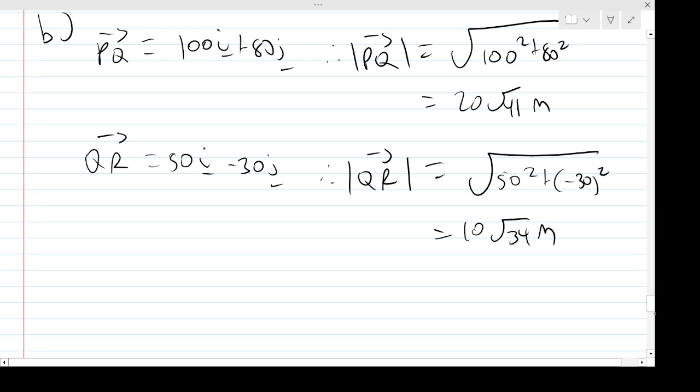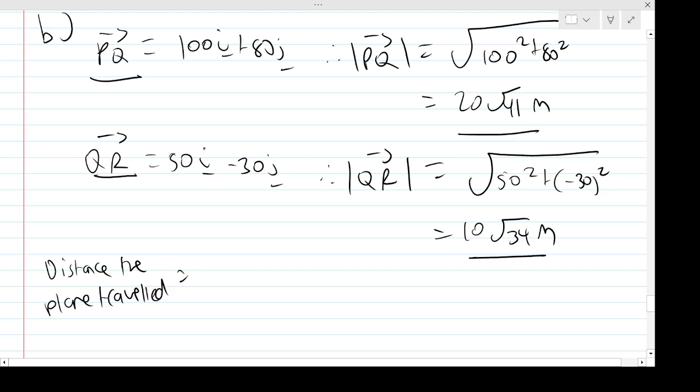So therefore the distance the plane travelled, again, it travelled along P to Q, then Q to R. So we add these two lengths: 20 root 41 add 10 root 34.